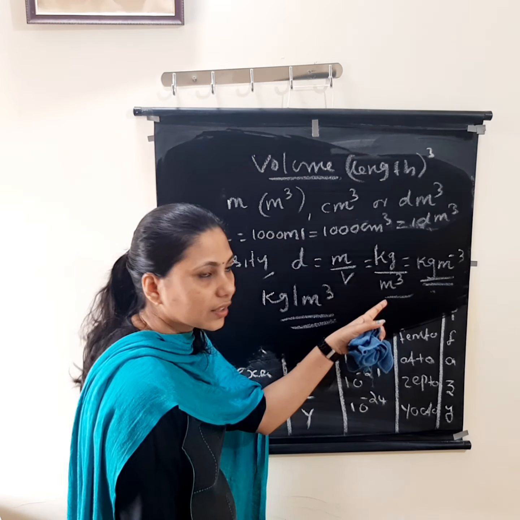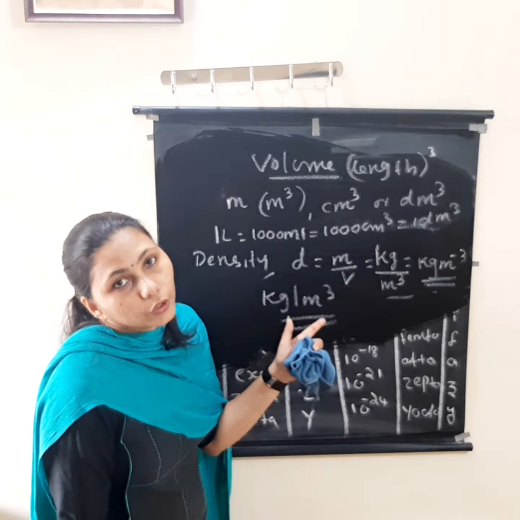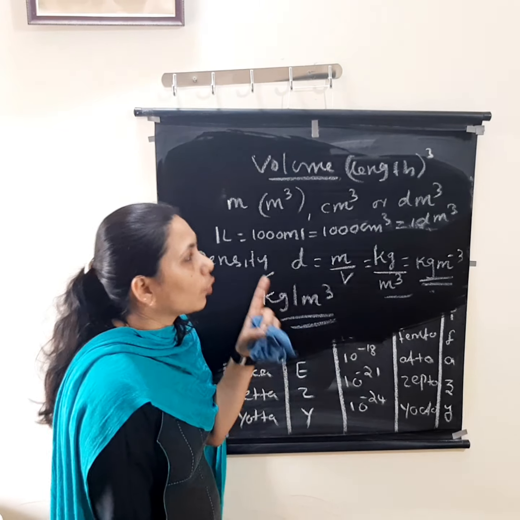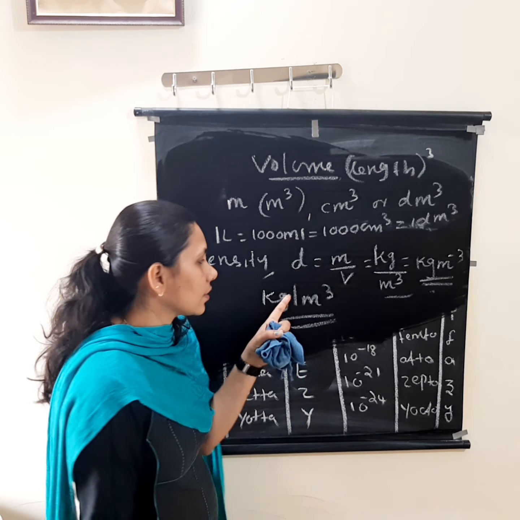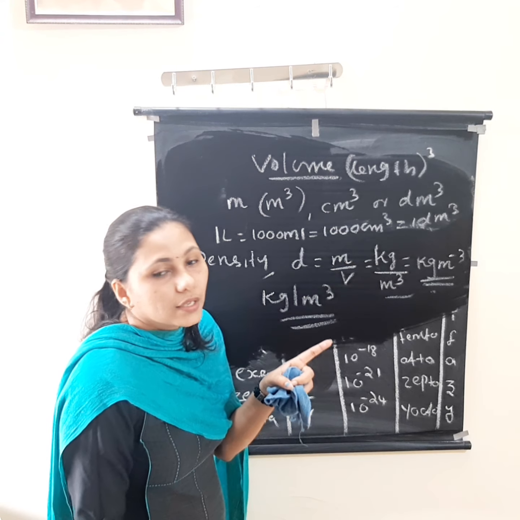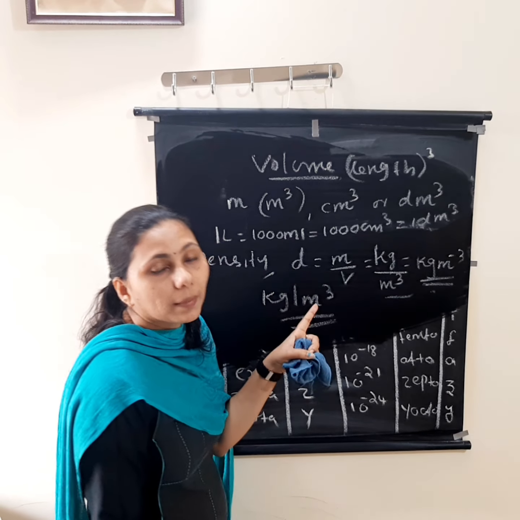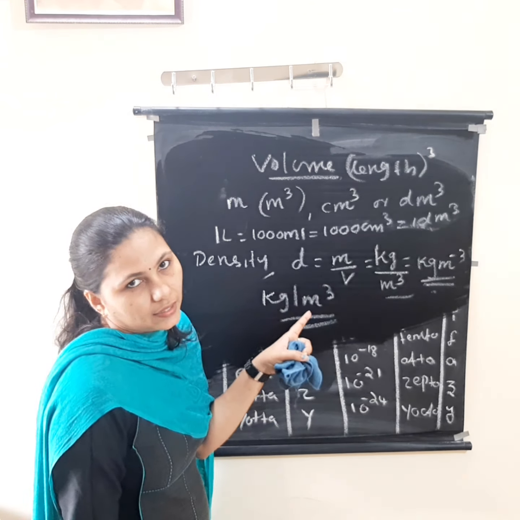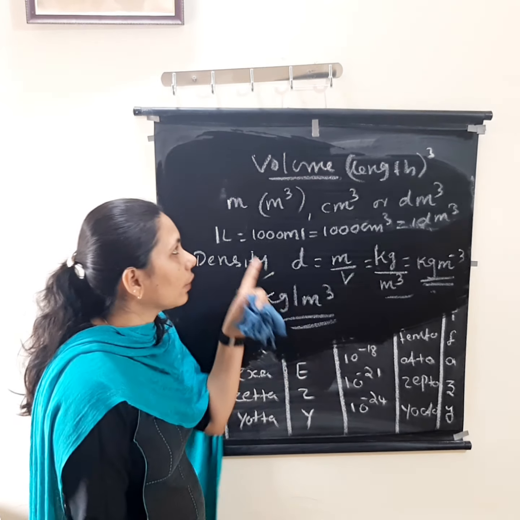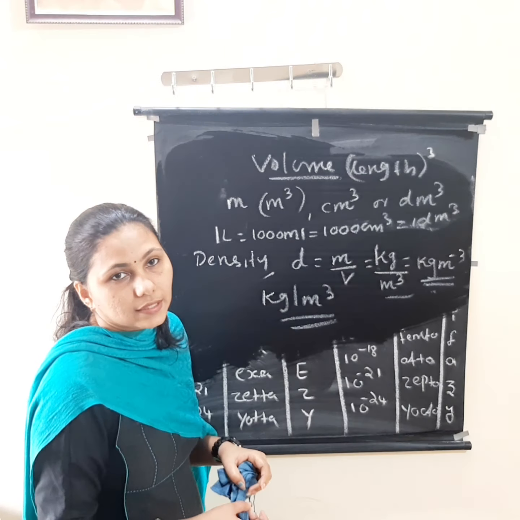You can write it like this, or like this. So volume is meter cube, and density is kilogram per meter cube. The SI units of volume and density are very important. Clear, all of you?